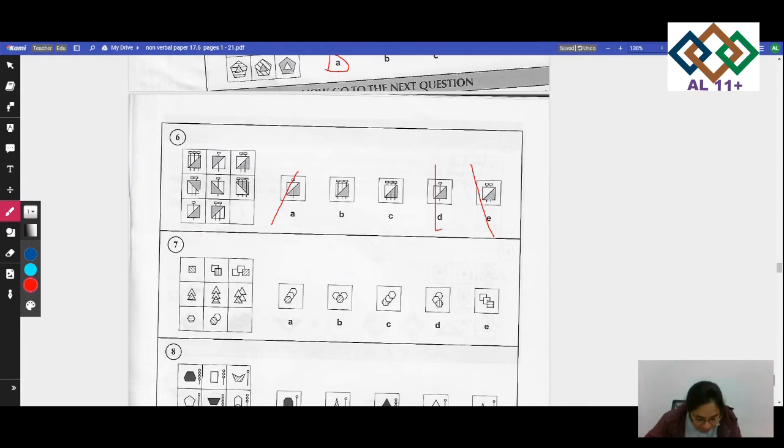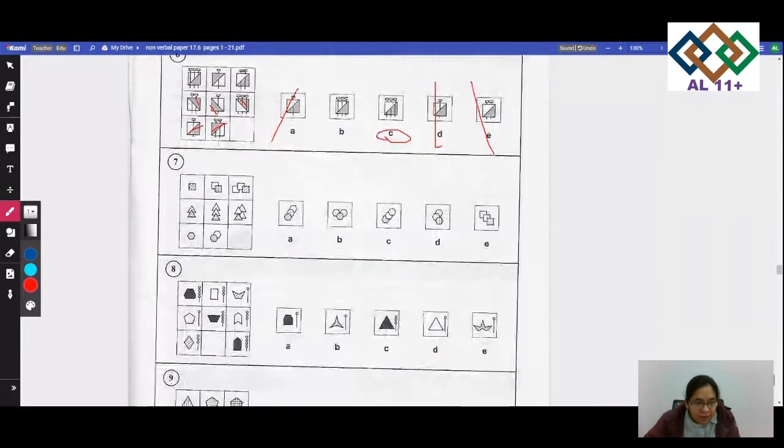And what is happening to the lines here? Look at this one. It's moving. This is also moving. I'm looking at the shaded one here. Here, this is also moving up. So it needs to be down and will be C. So your 6 is C.